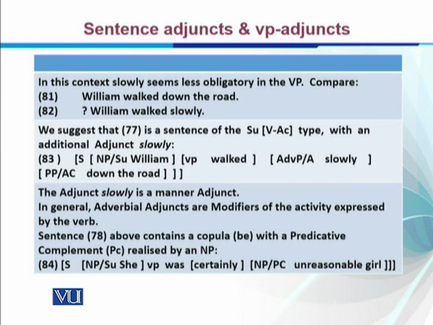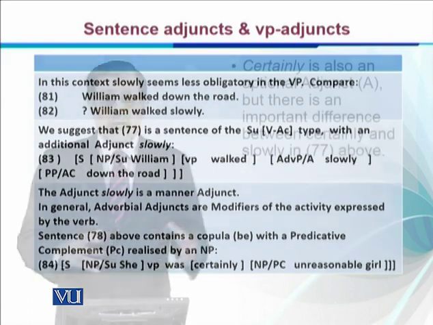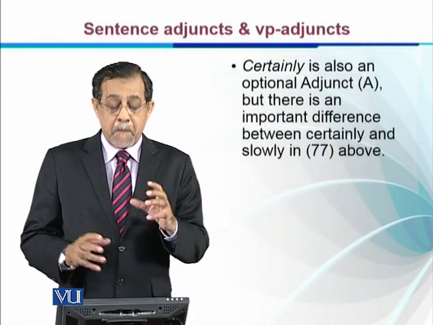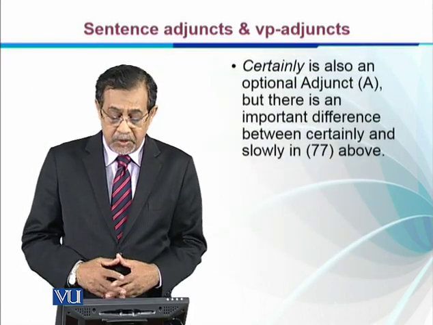Sentence 78 above contains a copula with a predicative complement realized by a noun phrase, as we just talked about. In this sentence, we have certainly. Certainly does not precisely modify any part of the sentence. Rather, it modifies the whole sentence, so we call it a sentence adjunct. Certainly is also an optional adjunct, but there is an important difference between certainly and slowly.